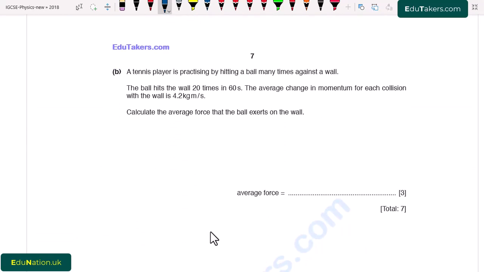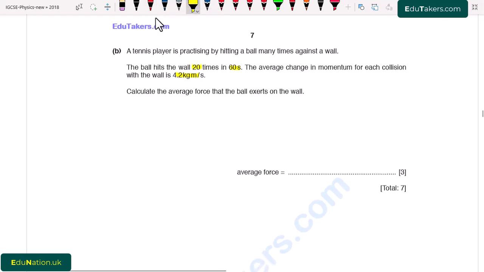Going towards the next part B. A tennis player is practicing by hitting a ball many times against a wall. The ball hits the wall 20 times in 60 seconds. The average change in momentum for each collision with the wall is 4.2 kg meter per second. Calculate the average force that the ball exerts on the wall. So here we have to find out the total average force.